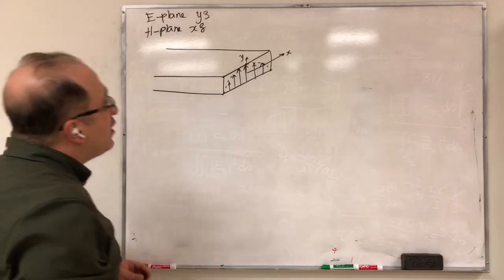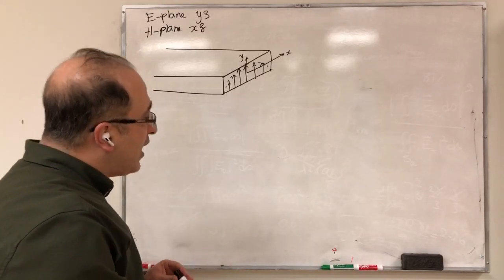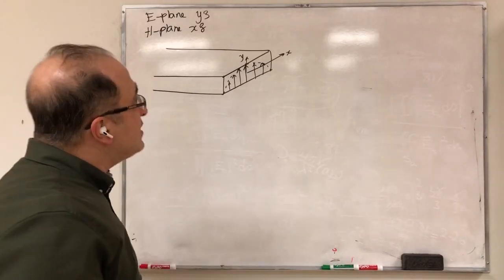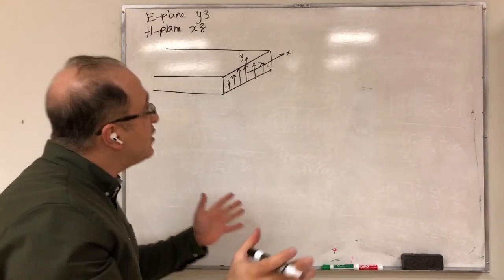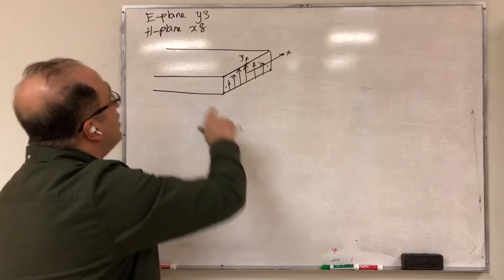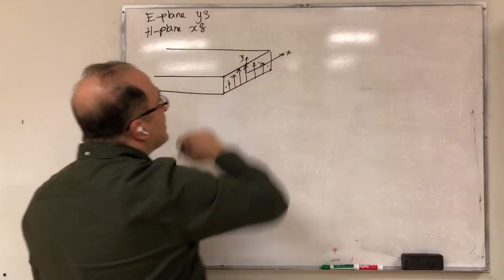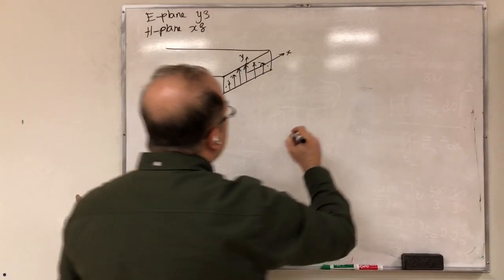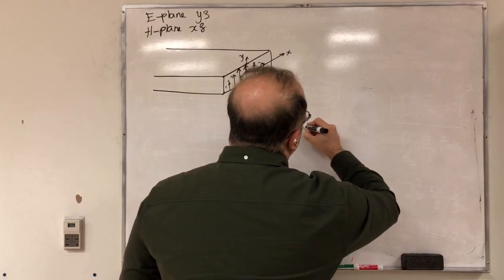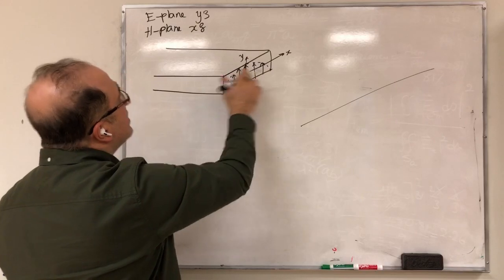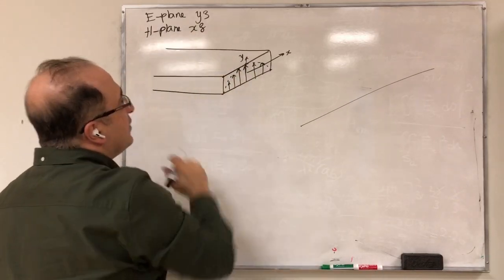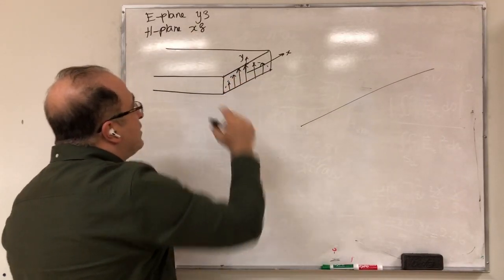Now, if you want to flare out the aperture, one of the options that you have is that you do expansion of the aperture only in the H plane. H plane means along X essentially. So you're going to get something like that perhaps. You increase this size, which is along H plane, and this you keep the same as before.